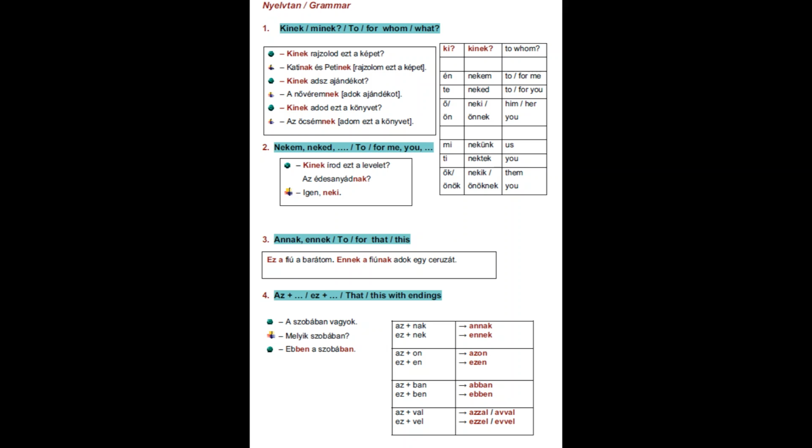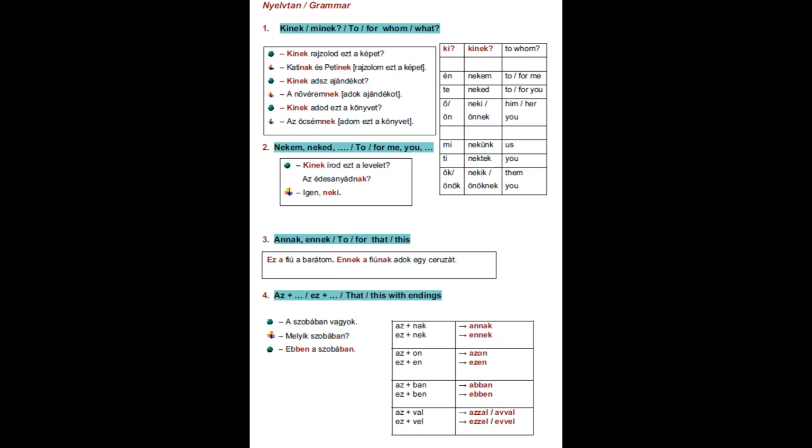Mi is we. Mi nekünk. Nekünk is to or for us. Mi nekünk kell. We need it. It's to or for us.